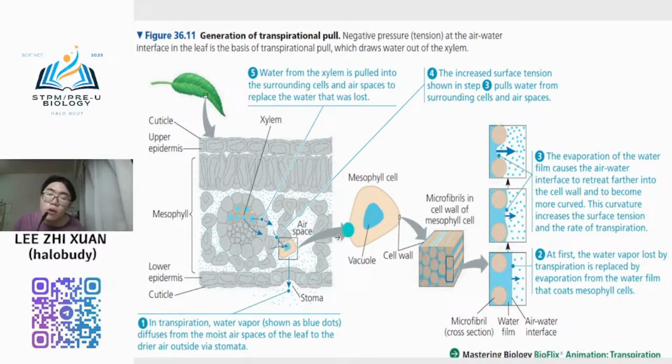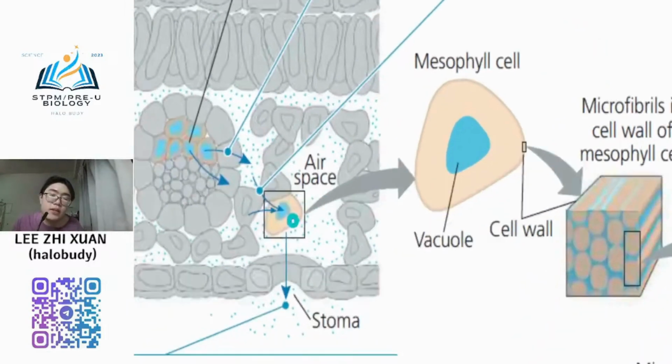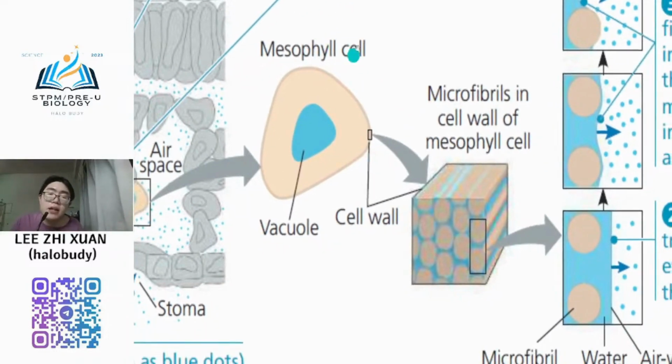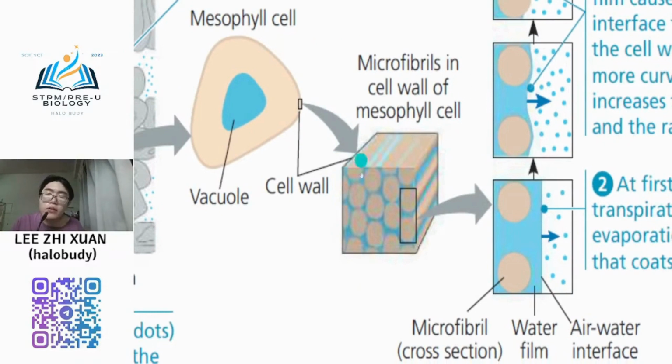Okay, so if you see this diagram, this is one type of spongy mesophyll, magnified up to a mesophyll cell. In the cell wall of the mesophyll cell, there is a lot of water film. So meaning that within the cell wall of the mesophyll cell, there is a lot of water trapped there.